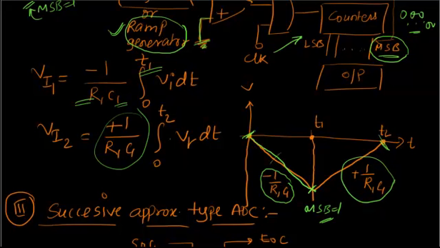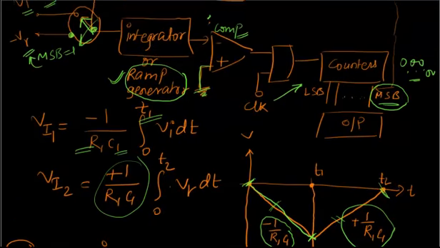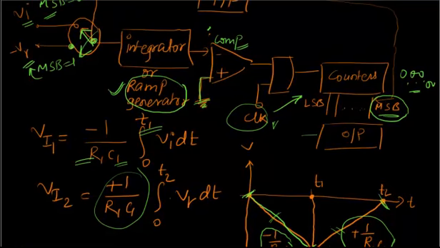So up to here this comes up to some t2 suppose. So now you are having two slopes here. Now you understand the meaning of the name dual slope, because we are using two slopes here. So what happens? When you apply negative voltage, this clock starts coming to the counters and the counter value will stop. At that time the output will be latched, and it will be displayed.